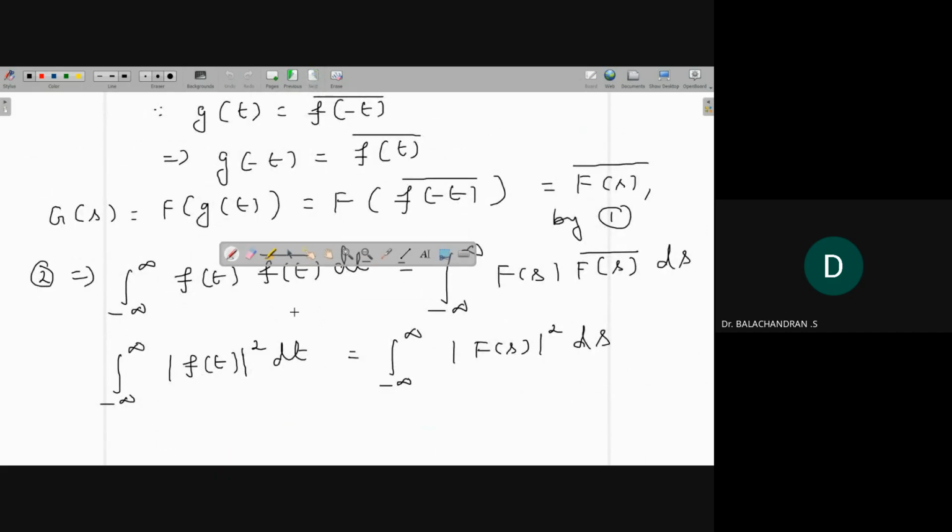If you change the dummy variable, the left hand side, the integral from minus infinity to plus infinity of modulus of f of x whole square dx is equal to the integral from minus infinity to plus infinity of modulus of f of s whole square ds. So that's all. The proof is over for Parseval's identity.